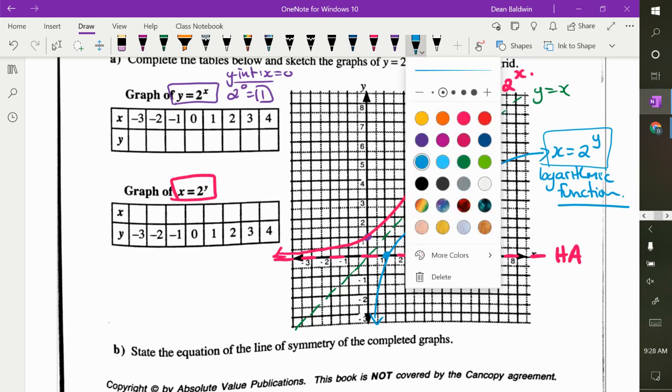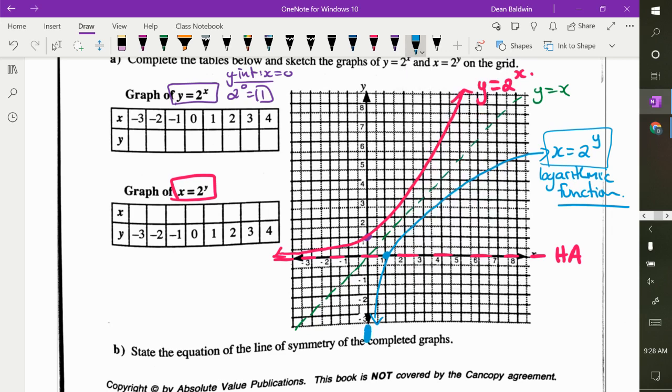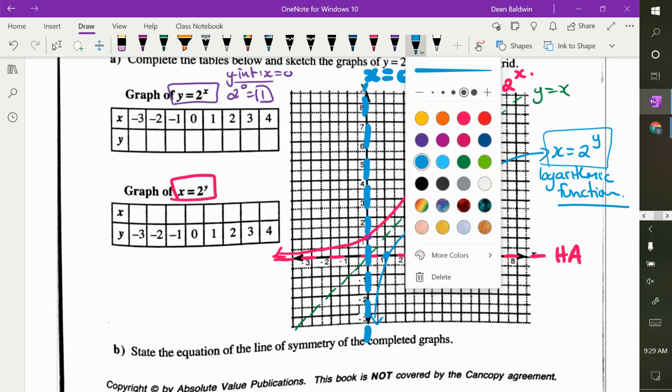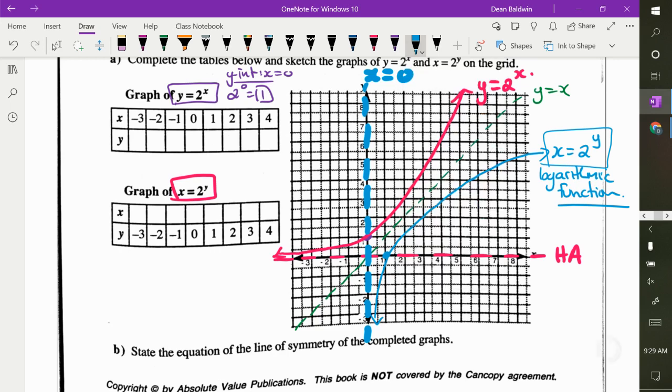So the logarithmic graph has a vertical asymptote this time, of x equals 0. That is for the blue. All logarithmic functions have vertical asymptotes. All exponential functions have horizontal asymptotes.